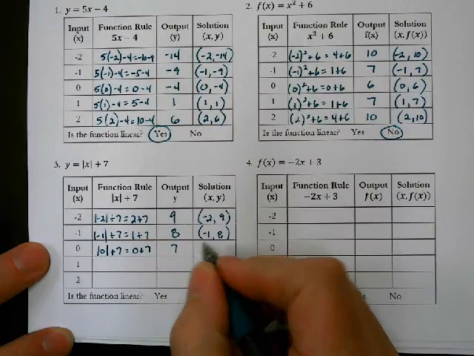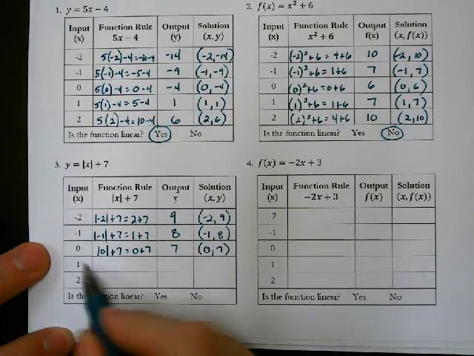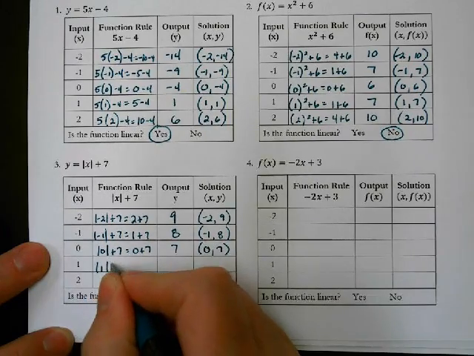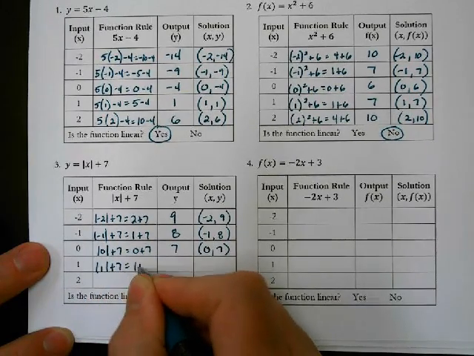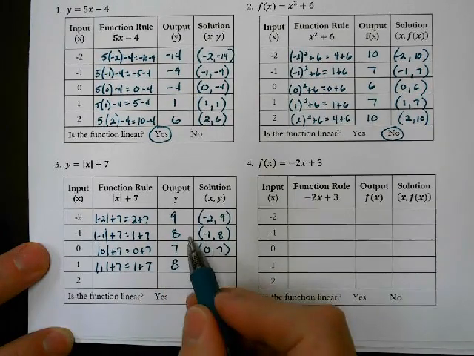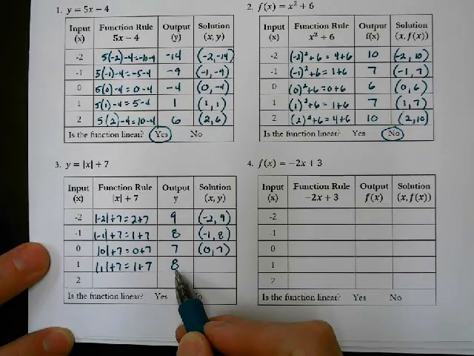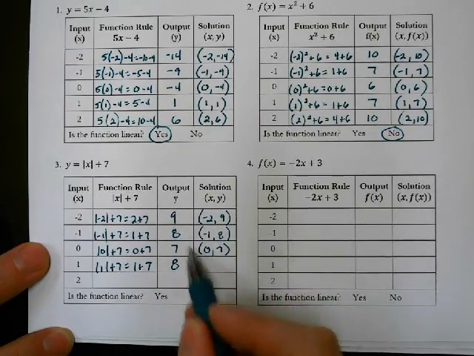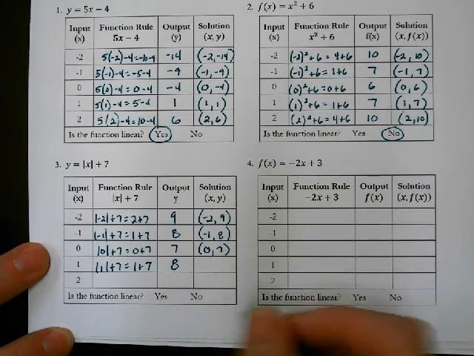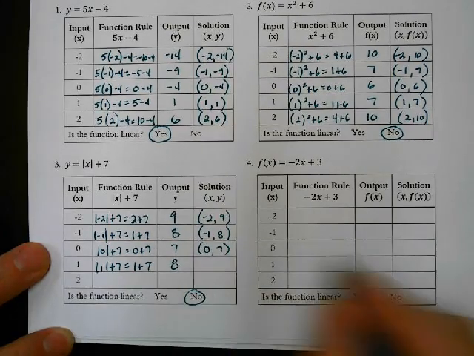So I get 0, 7. Let's plug in 1. 1 plus 7, which would be 8. Wait a minute. I was going down by 1. Now I'm going up by 1. Negative rate of change. Now it's a positive rate of change. This is not linear. It looked like it at first until we got to these numbers over here. So this would be 1, 8.